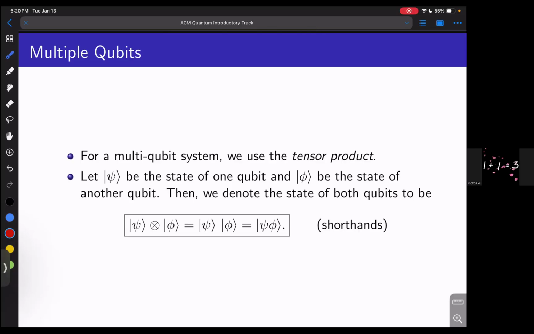Okay, so for this state, what's the probability of measuring 0? Well, my vote is 1/3. And then what if I added an i?